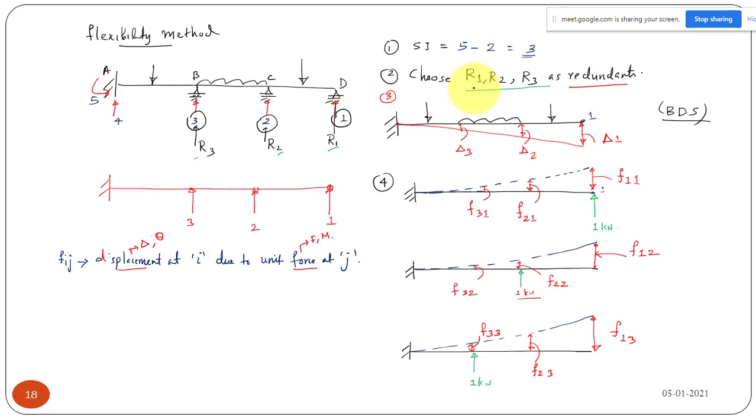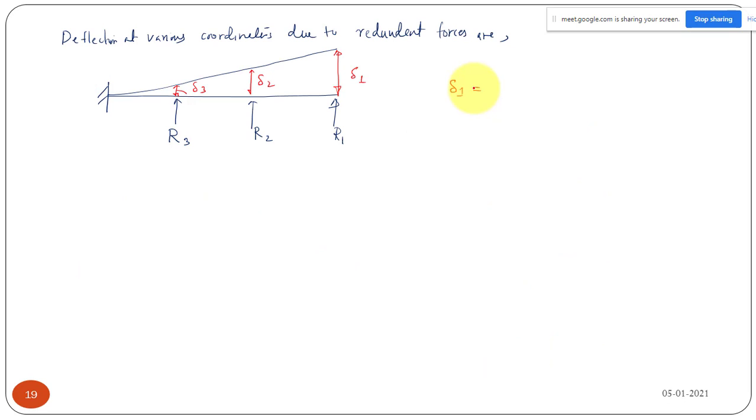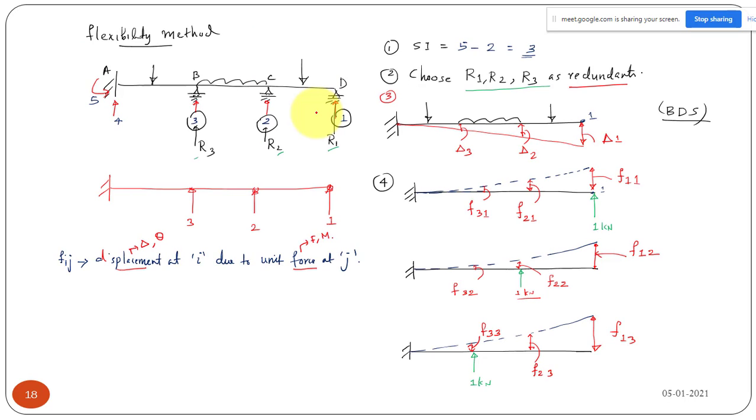For R1 it is R1 L cubed by 3EI. There will also be some contribution of R2 and R3 at this point, so we have to take that also. Anyway, I will tell you that.